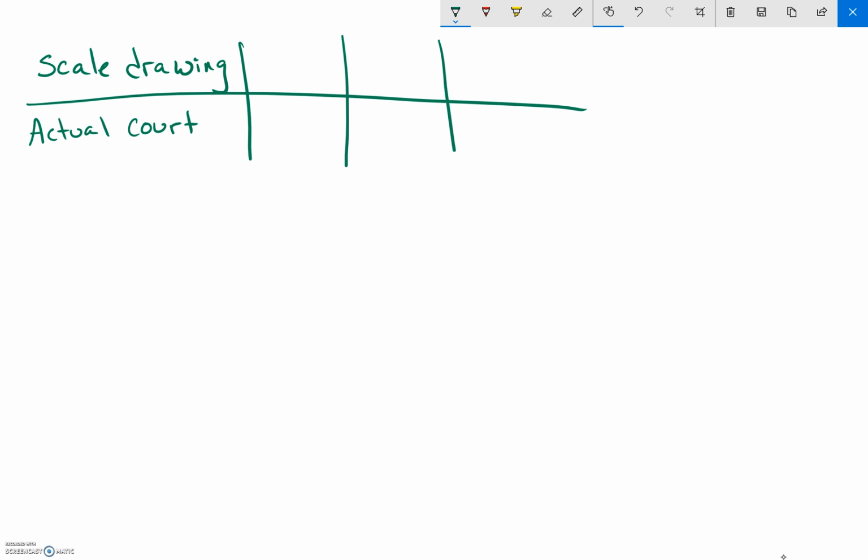So you guys still have your paper in front of you, and on your paper it says 1 inch on the scale drawing represents 15 feet on the actual basketball court. Well, if that's true, then 2 inches would represent how many feet on the actual basketball court? 30.